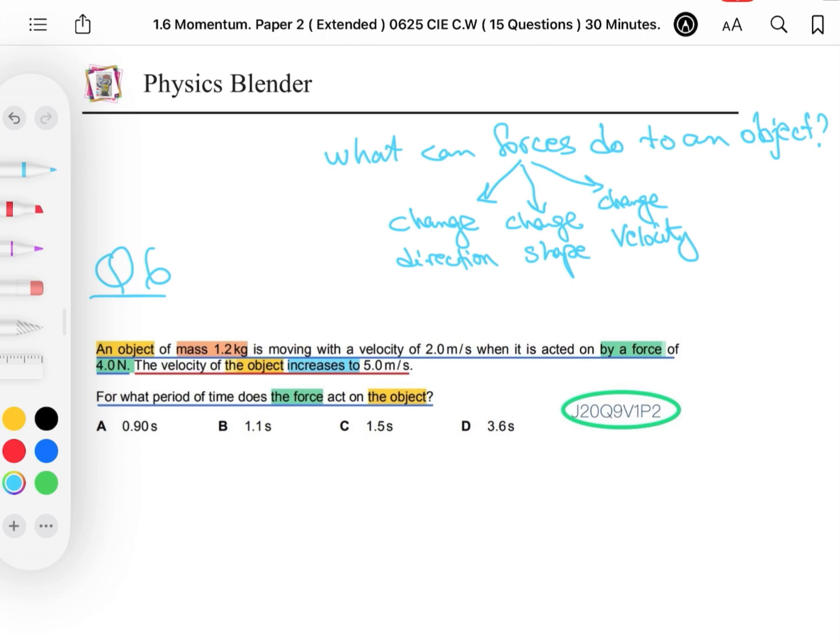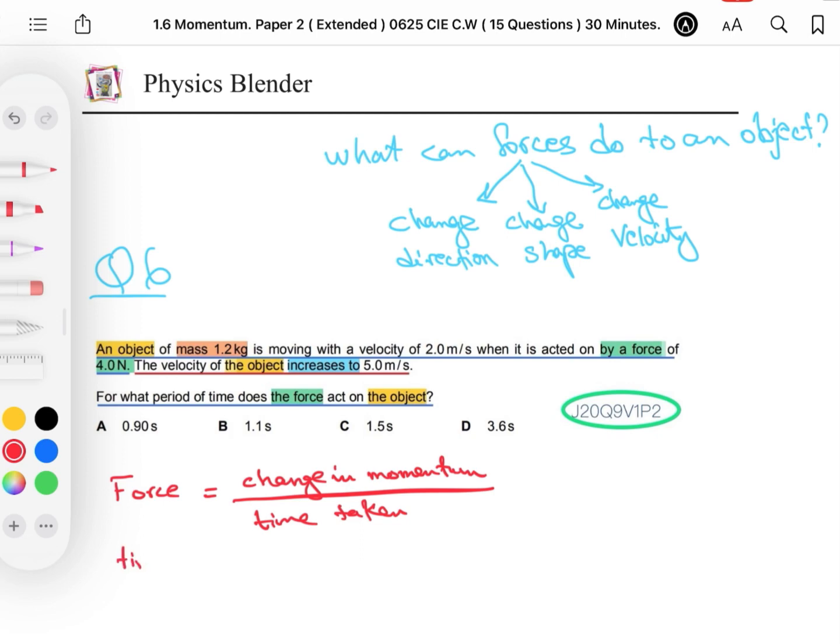Okay, so applying the equation, force is equal to change in momentum divided by time taken. When you apply this equation, you rearrange, so time taken will be equal to m delta v divided by force.